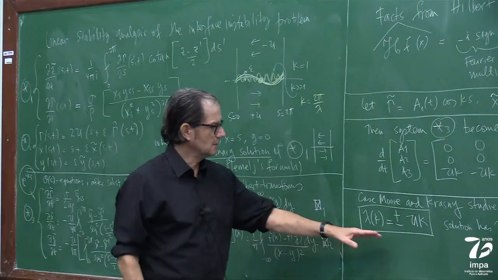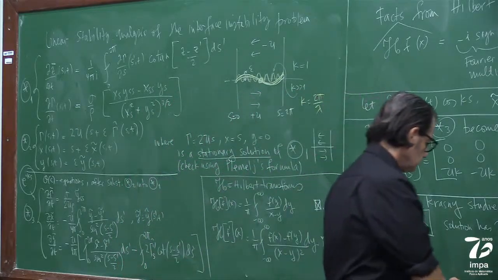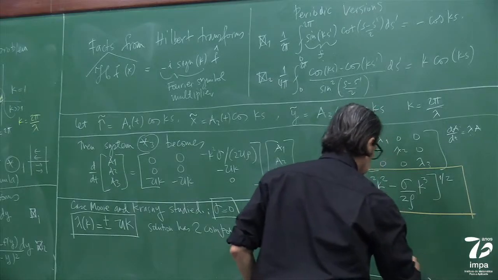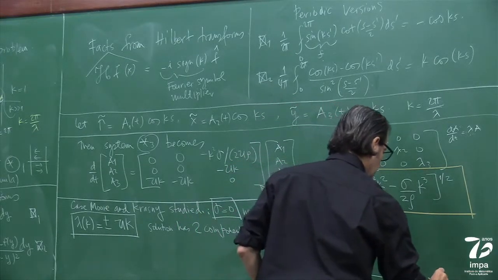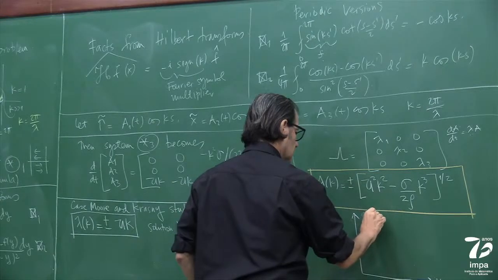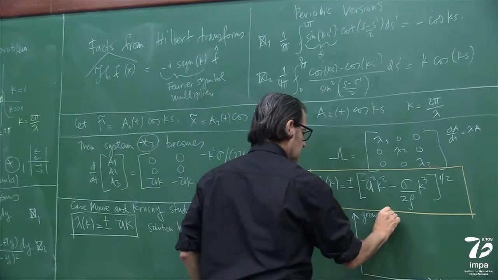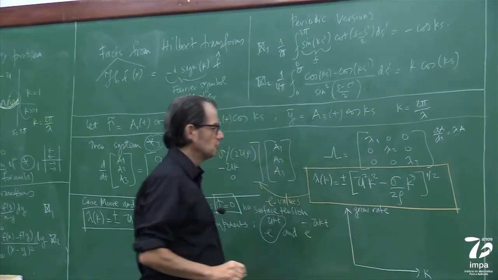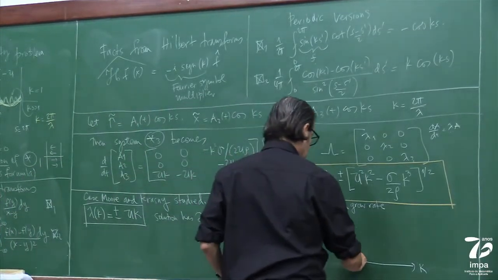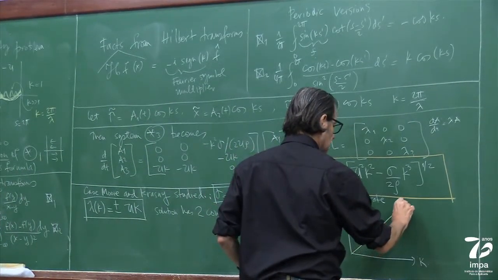Okay, so this means, and let me put a graph here, that if I put K here, and I put here the growth rate of the instability, for the sigma equal to 0 problem, we have a straight line.